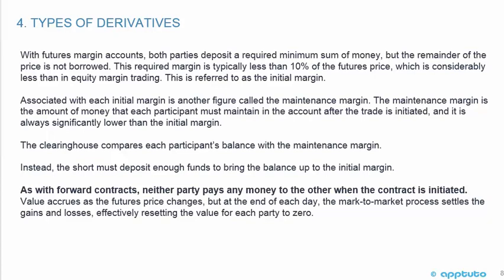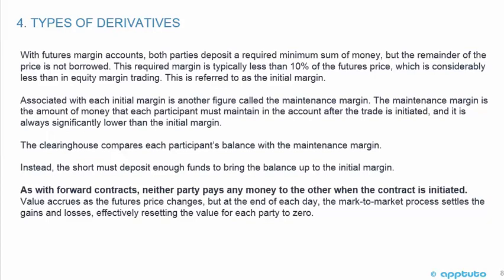The maintenance margin is the amount of money that each participant must maintain in the account after the trade is initiated and is always significantly lower than the initial margin. The clearinghouse compares each participant's balance with the maintenance margin. Instead, the short must deposit enough funds to bring the balance up to the initial margin.